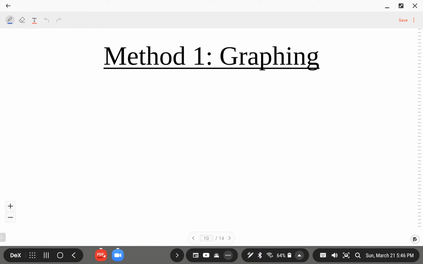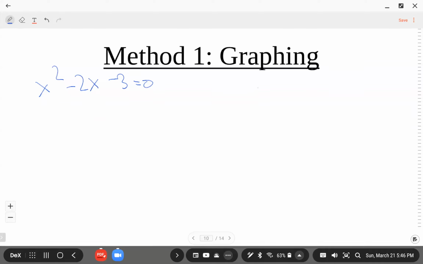Let's do x squared minus 2x minus 3 equals 0. Let's graph this, then we can find our x-intercepts, and then we have an answer.